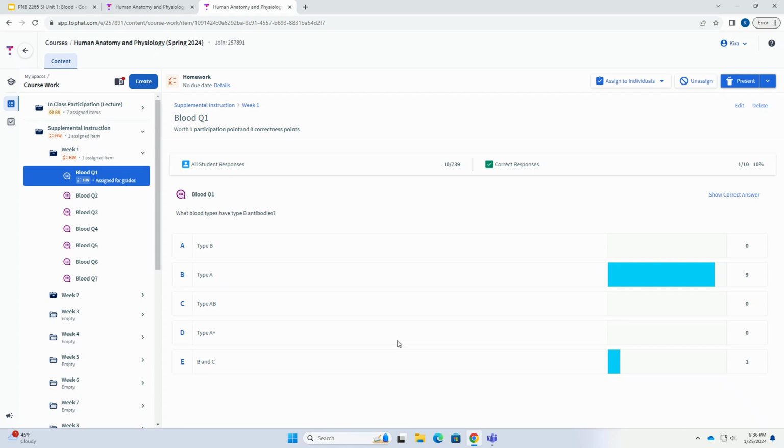Okay, I feel like answer D should not be there, because you guys got it. Type A would have B antibodies, but then also type A plus would have B antibodies. So B is the correct answer. Does anyone know why type AB would not have B antibodies? Because it has B antigens, so it would. Yes.